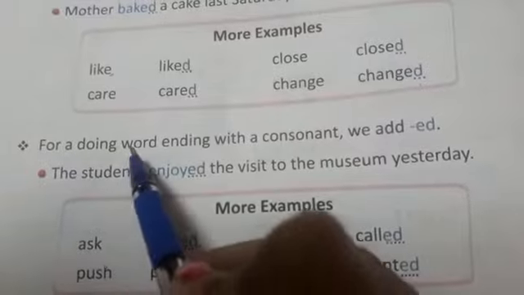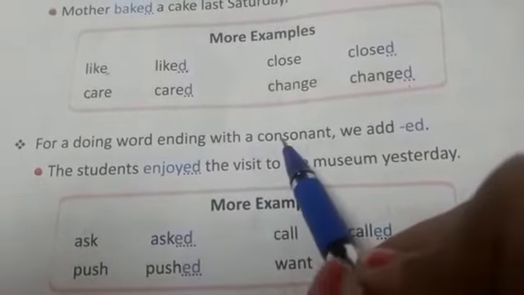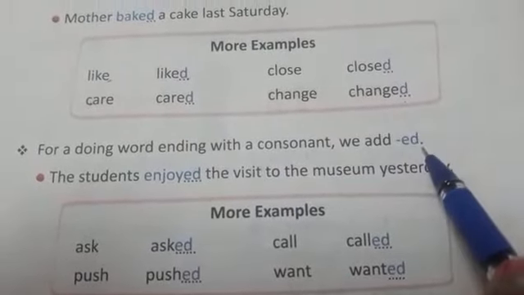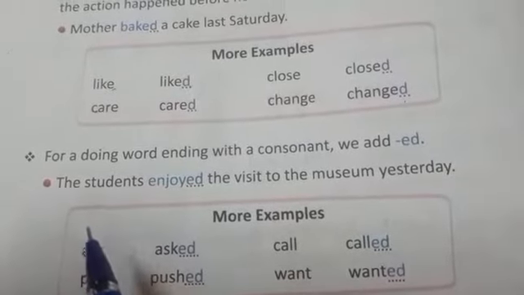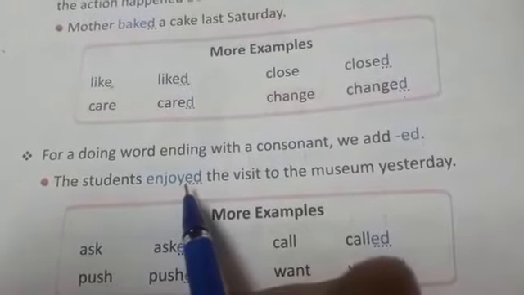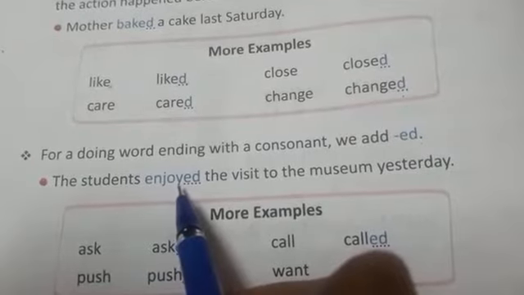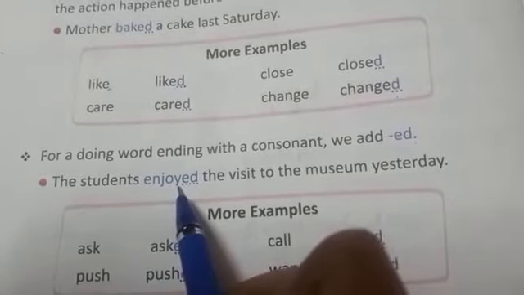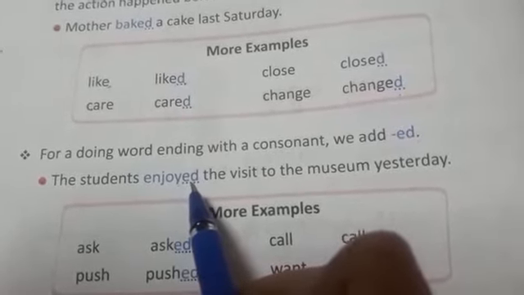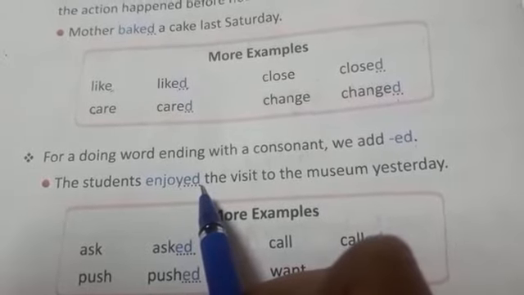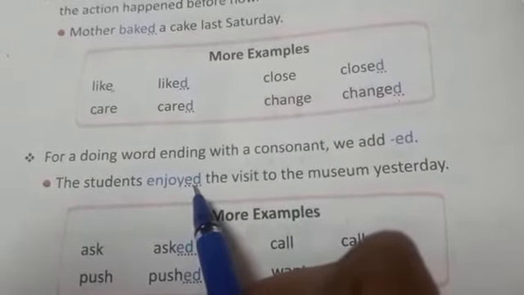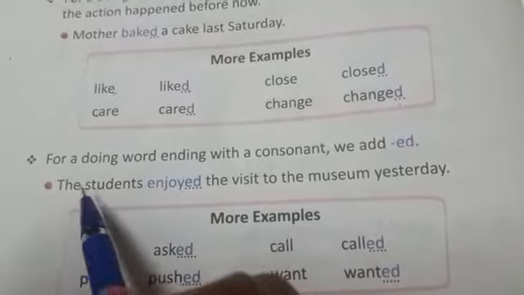For a doing word ending with a consonant, we add ed. In an action word, if the last letter is a consonant, then you should add ed only, as I told you earlier. Let's see some examples.